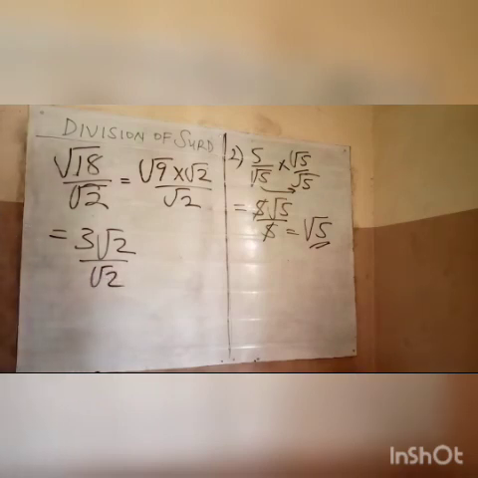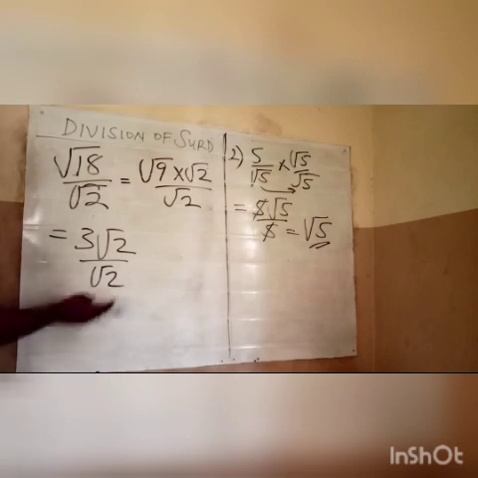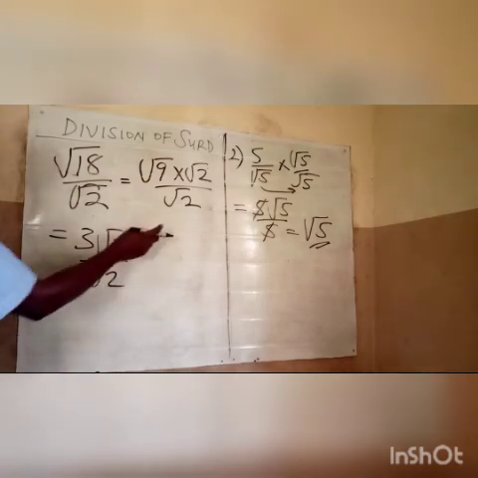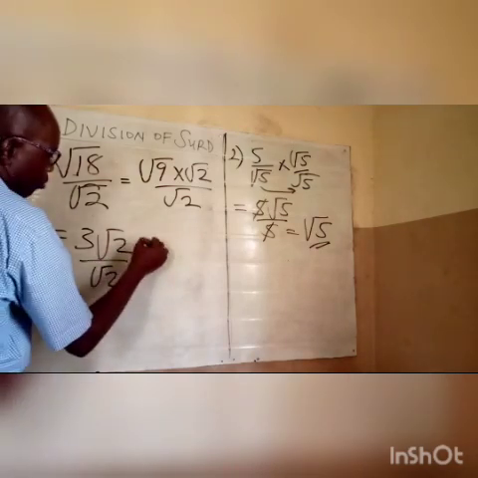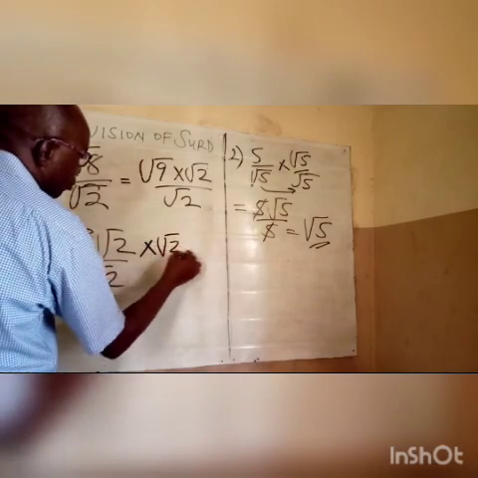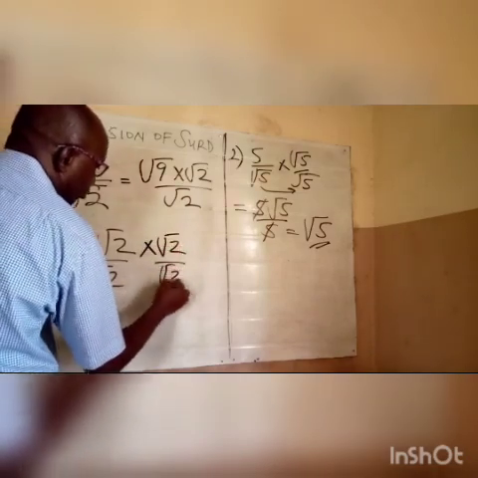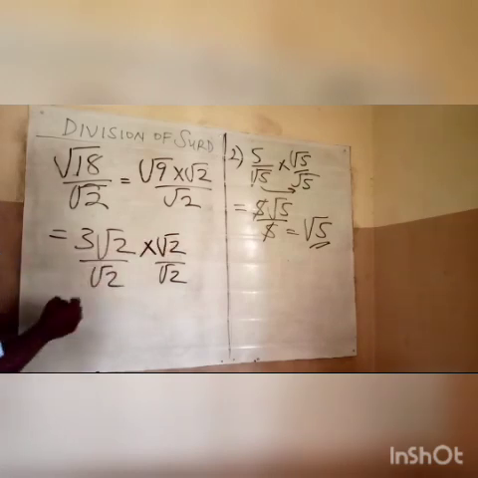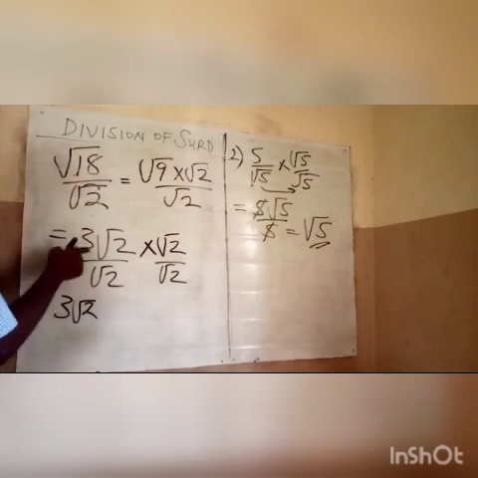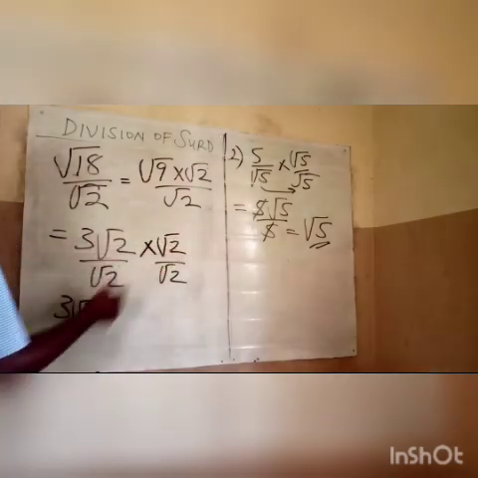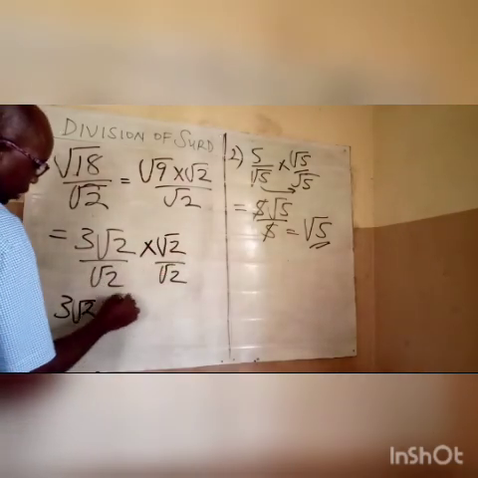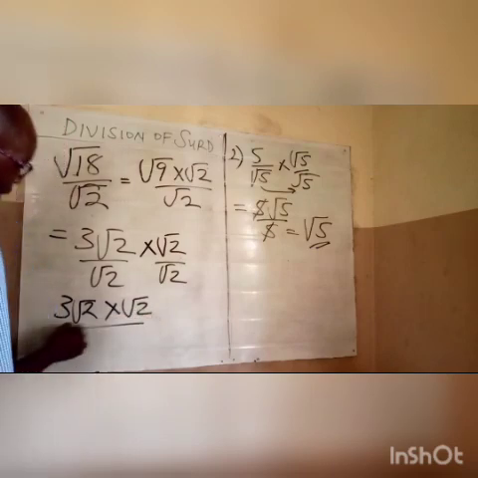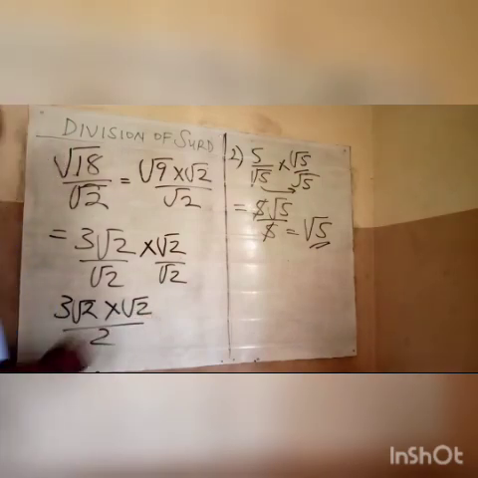At this point, you can rationalize by multiplying the numerator and the denominator by root 2. So what we now have is root 2 over root 2. When you multiply out, you have 3 root 2 times root 2 all over 2.